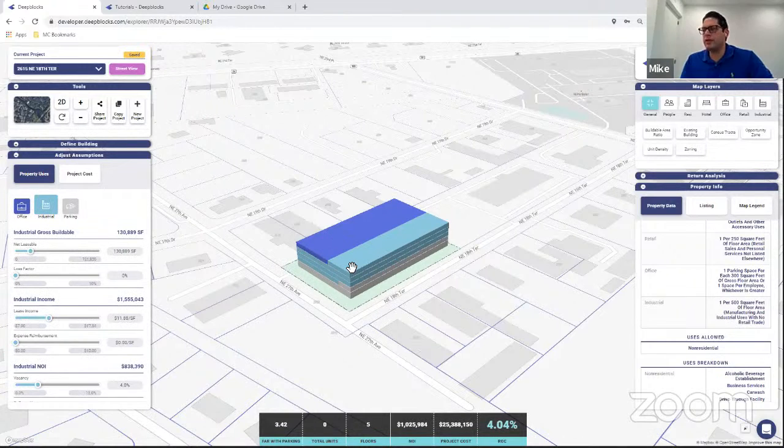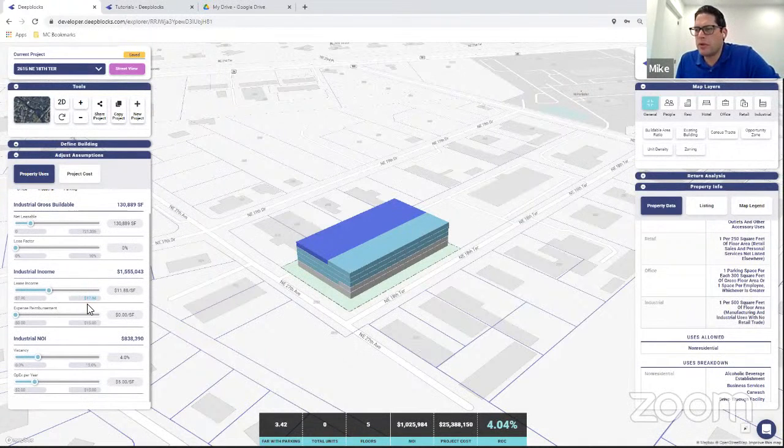We got enough parking to cover the office and industrial, or maybe we want more office than we do industrial. We only need maybe 1 or 2 floors of industrial. Again, it just depends on what your criteria is, what you're trying to develop. But here with Deepblocks, you get that flexibility of working the project, working the model to really suit your needs and make it work in terms of your overall guidelines or what you have for your business model.